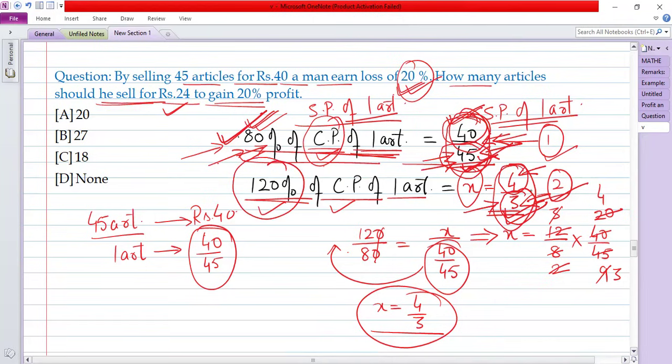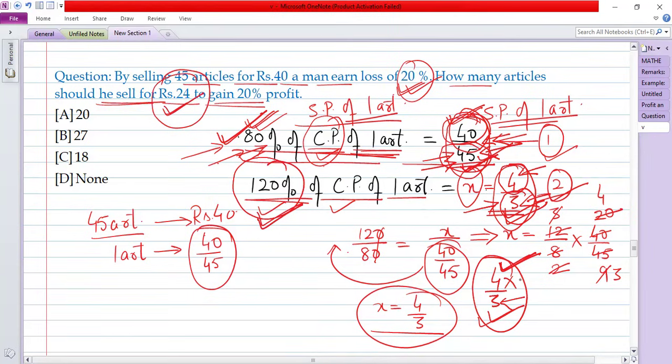Here we have to understand what is the meaning of this ratio 4 by 3. It means that by selling three articles for rupees 4, what will be our profit? Profit will be 120%. But here, what is the selling amount given? That is 24.